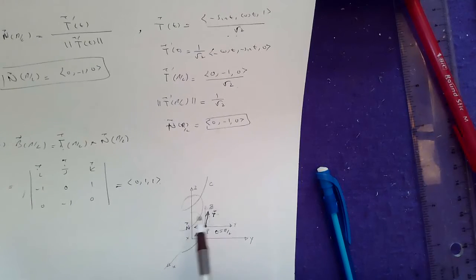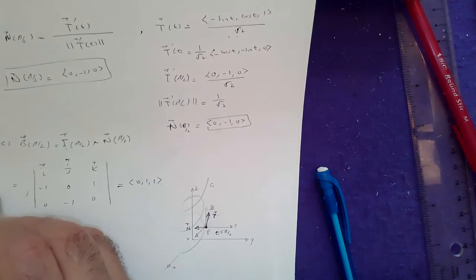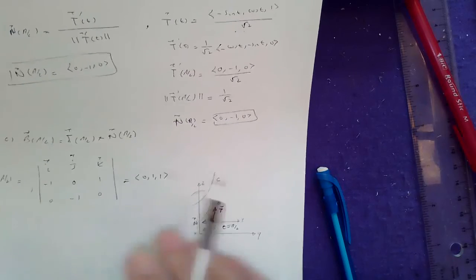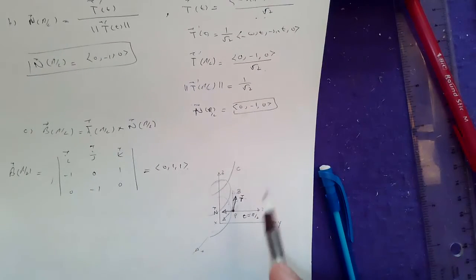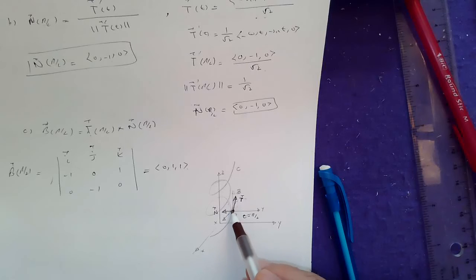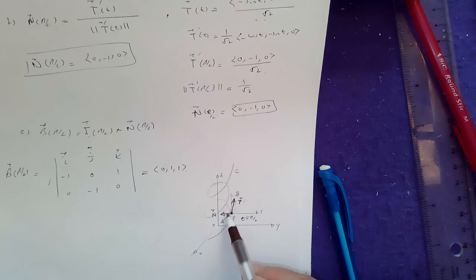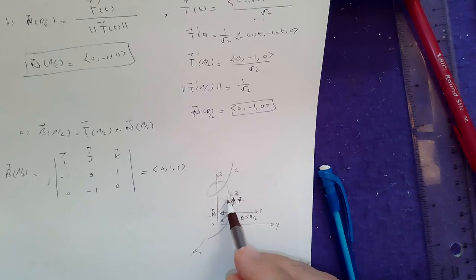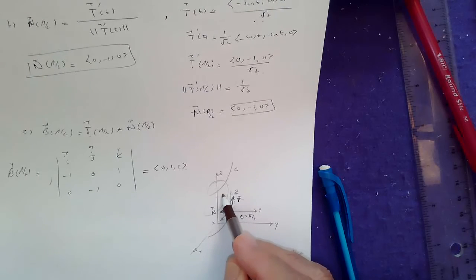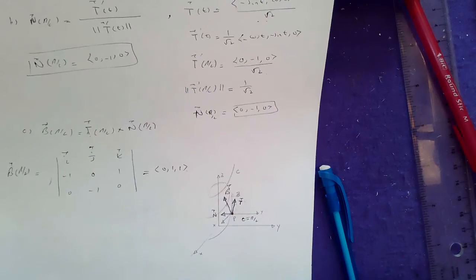And the binormal at pi over 2 is (0, 1, 1). From here, you go 1 to the right, 1 front and no side movement, and 1 up. So you get something like this. There you have it.